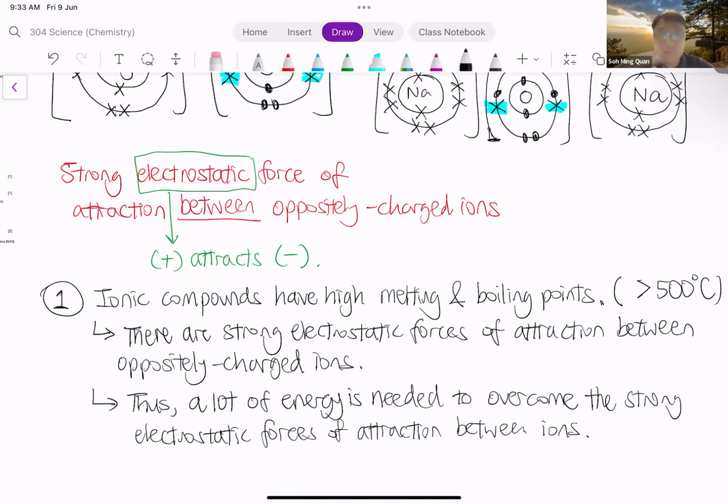When you melt something, the whole idea is to separate and increase the spacing between the ions. To do this, you must overcome the forces of attraction, which are called strong electrostatic forces of attraction between the oppositely charged ions. So you must be able to explain why ionic compounds have high melting and boiling points, and that is in terms of the forces of attraction.